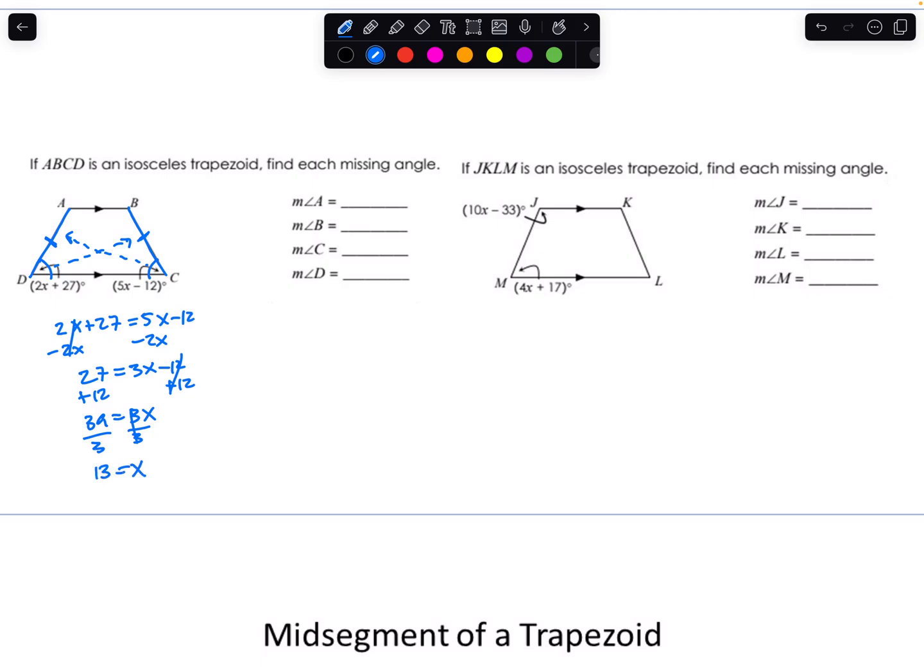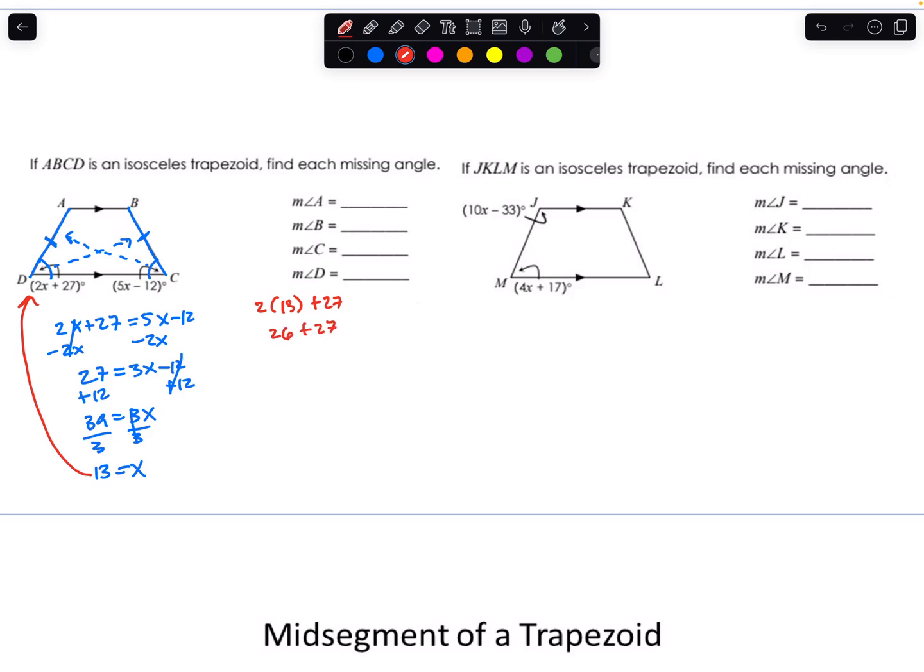Now that I solved for x, my interest is to solve for every single angle in this trapezoid. Technically, I only have to find it for 2 of them, and here's why. When I first plug in 13 into this side for angle D, I'm going to have 2 times 13 plus 27. 2 times 13 is 26.